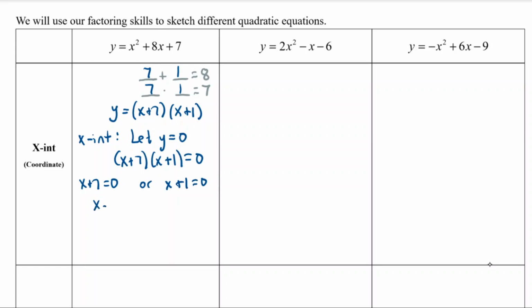So we've got x equals -7 or x equals -1. Those are our x-intercepts. The points are going to be at (-7, 0) and (-1, 0).